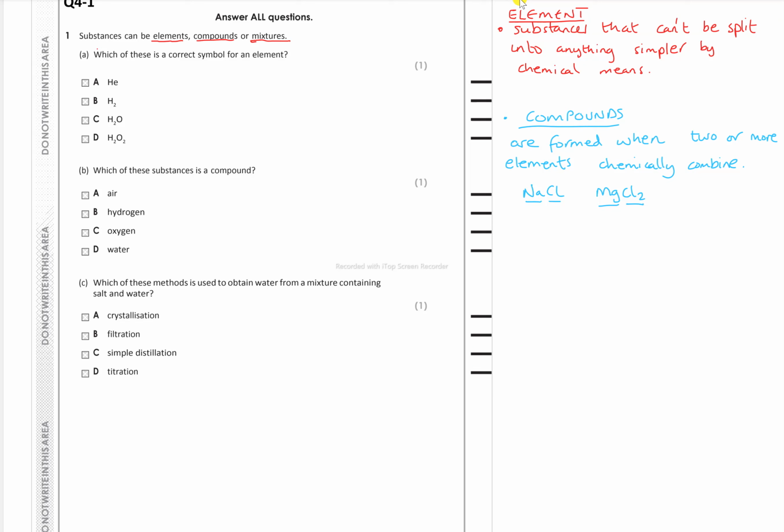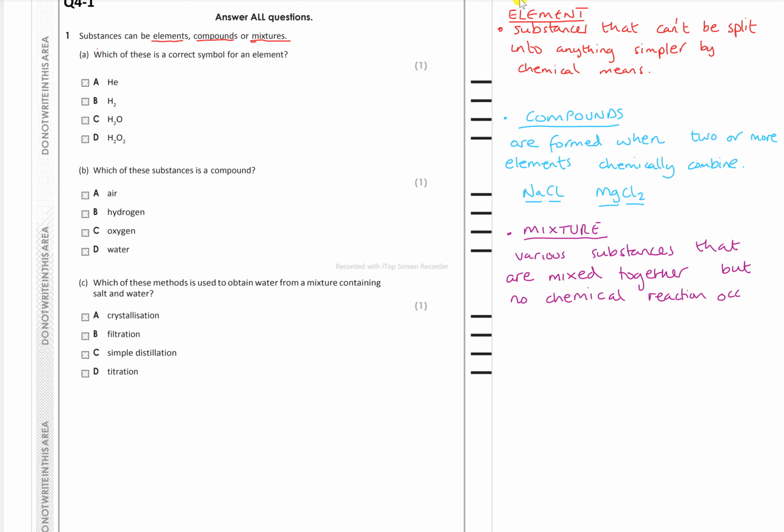Right, the last one is a mixture. So, a mixture consists of lots of different various substances that are mixed together but no chemical reaction occurs.